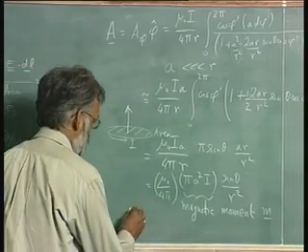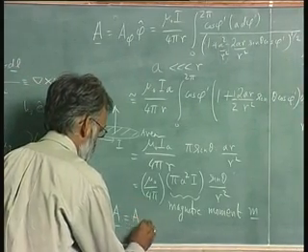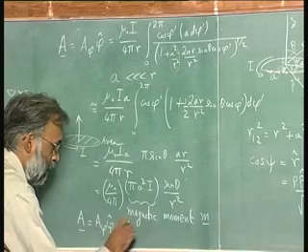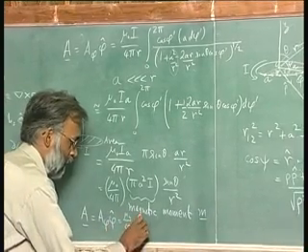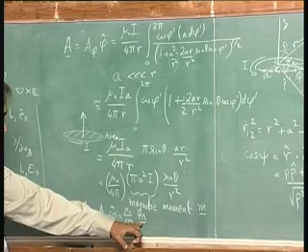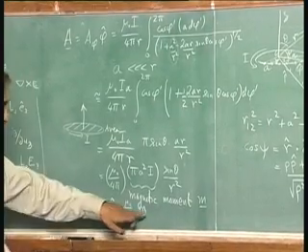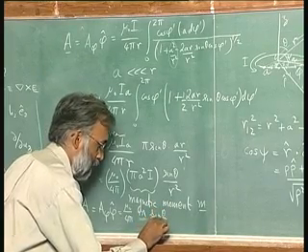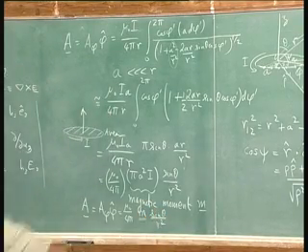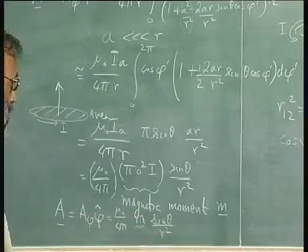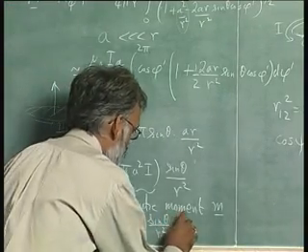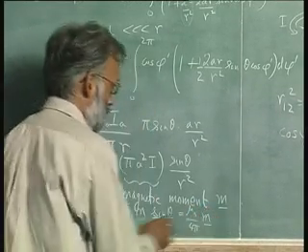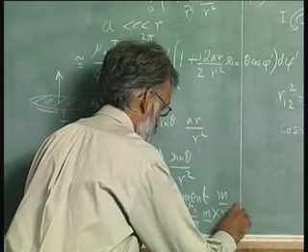So, the final answer is the vector potential is equal to A phi along the phi direction. It is equal to my normalization constant mu naught over 4 pi times the magnitude of that magnetic moment times sin theta over r square. This can be written in a conceptually simpler form, which is mu naught over 4 pi times the vector magnetic moment cross gradient of 1 over r.